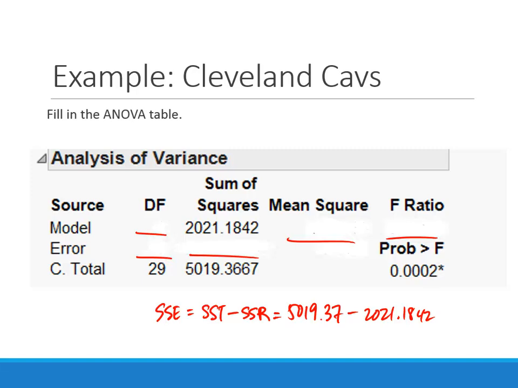That should be 2998.18 or thereabouts. Okay, and then what about my degrees of freedom? How many degrees of freedom does my model have?